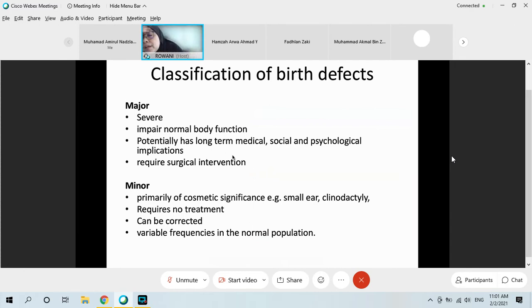If you look at your friends, you might see that some of your friends have an ear tag, or an ear pit, which is normal, right? But this is still a form of defect, a minor birth defect.